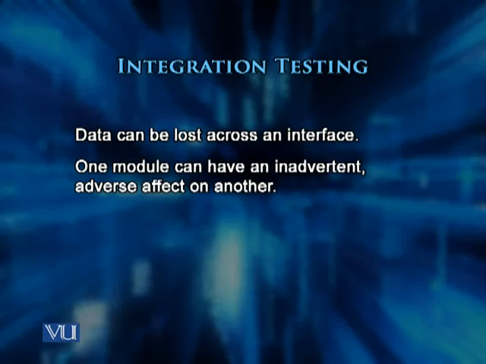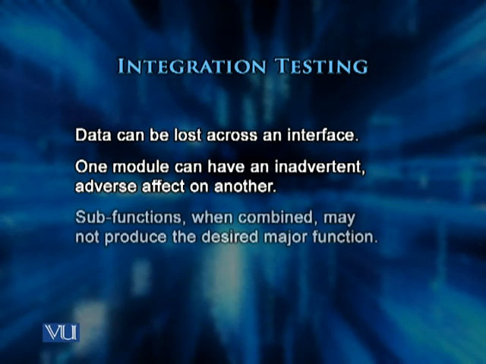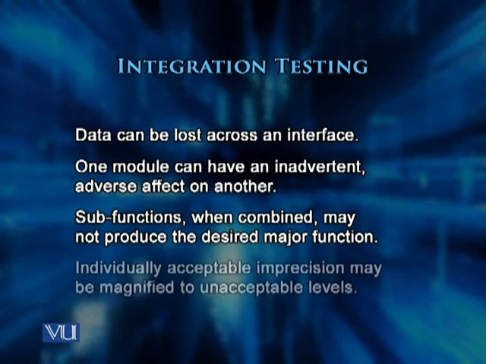One module can have an inadvertent adverse effect on another module. Subfunctions, when they are combined, may not produce the same desired major function. And an interesting problem that can happen is that individually acceptable imprecision may be magnified to unacceptable levels.